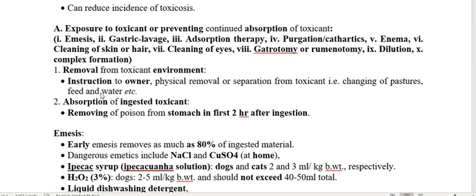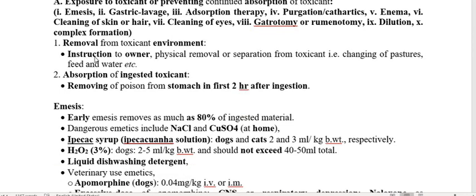Because if we delay the treatment, there will be more absorption, and if more poison is absorbed, then the toxicity symptoms are more and it becomes difficult to save the life of the animal. So first we have to check the absorption of toxicant from the GI tract, which comes under the first point: exposure to toxicant, or preventing the absorption of the toxicant from the GI tract.